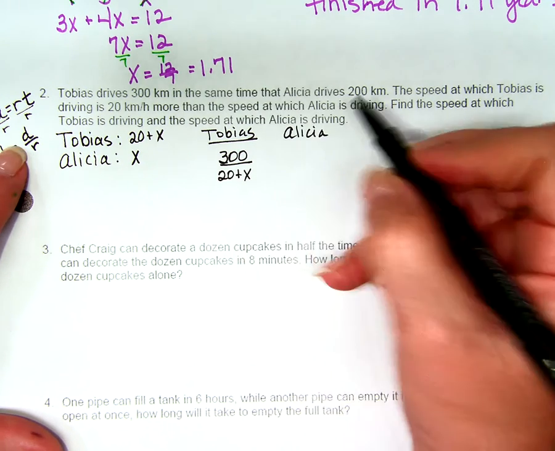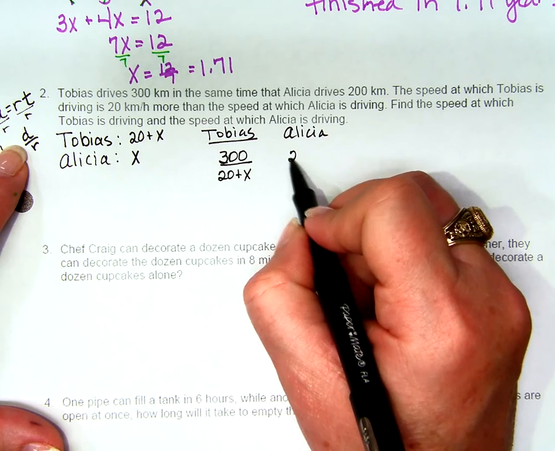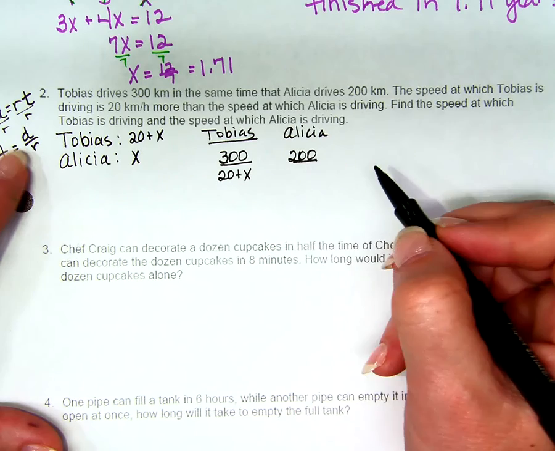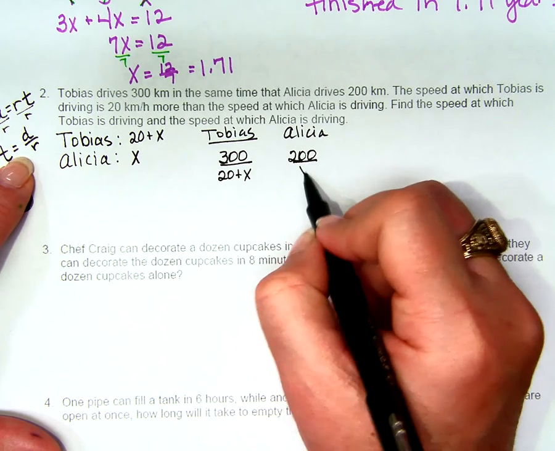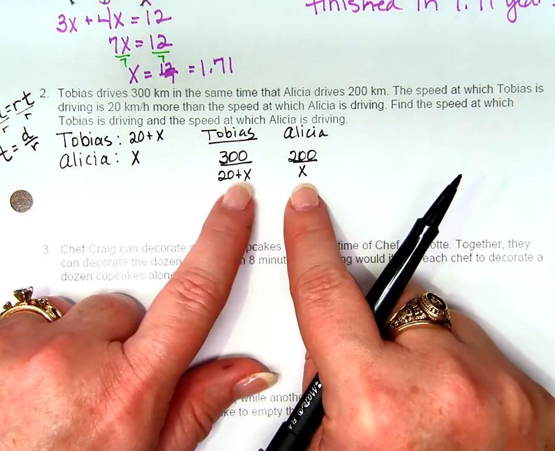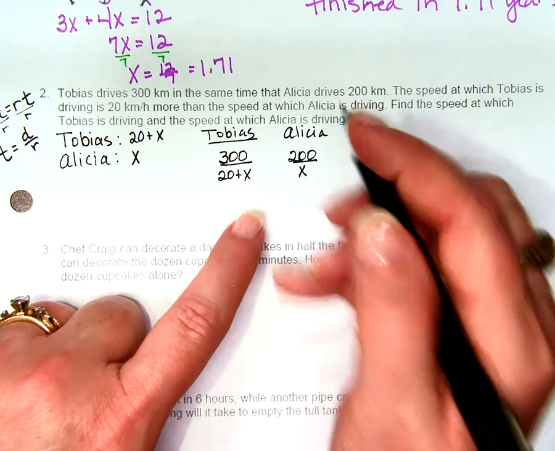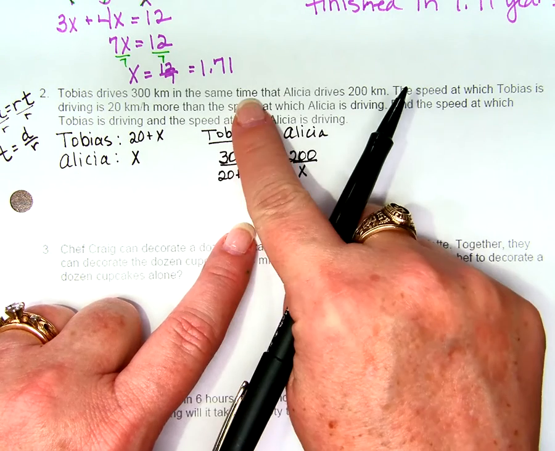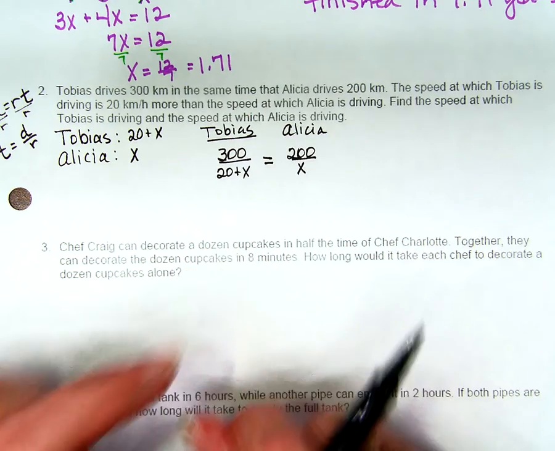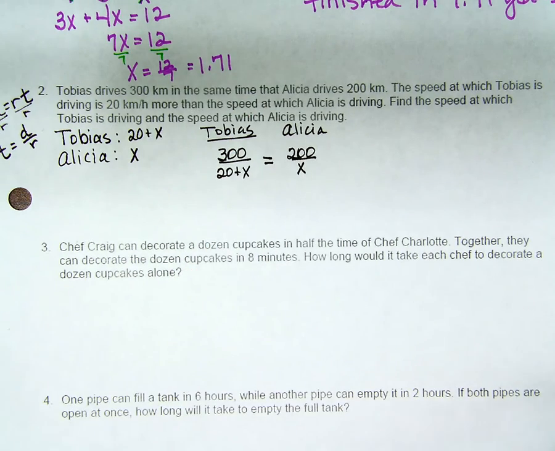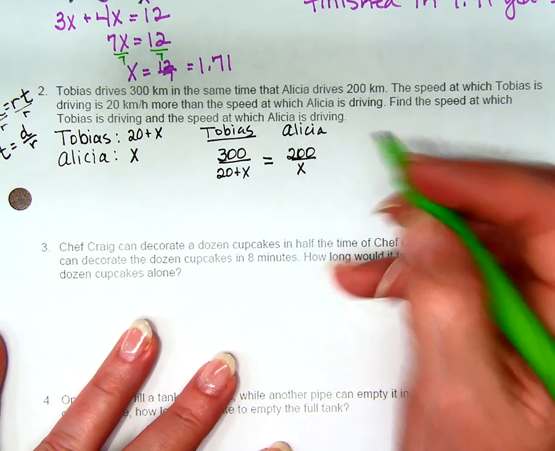What's her distance? 200. And what is her speed or rate? X. And what did we say? How should these relate to each other? They should be equal because their times are equal. Guys, if I have two fractions set equal to each other, how do I solve that? Yeah, cross multiply.